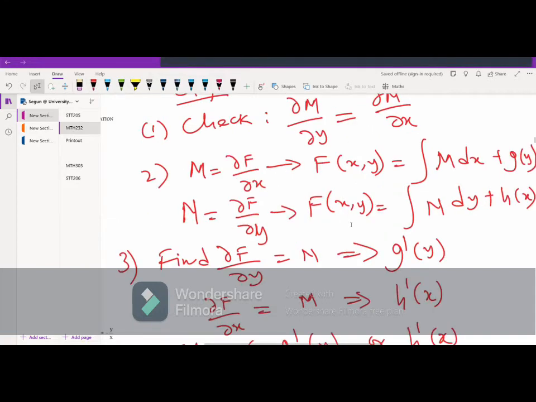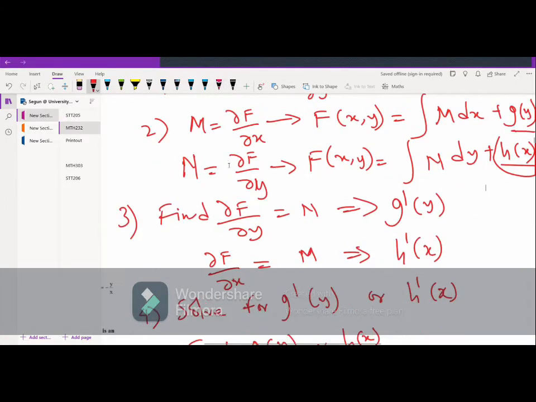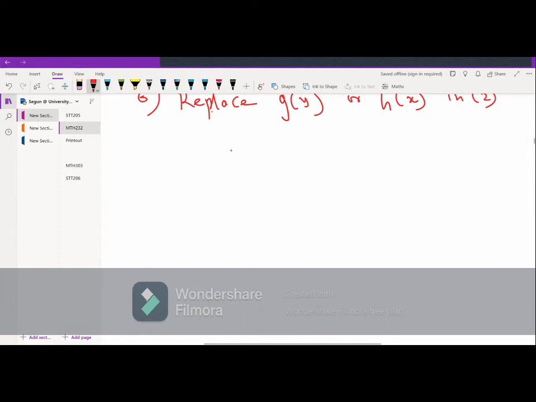Look at 2. Remember here we add this. We have to replace this one after you solve everything. So let's continue.